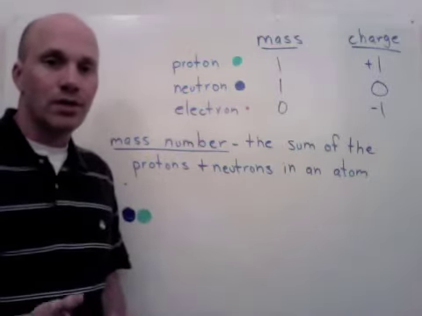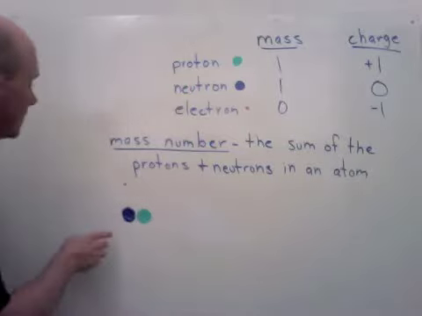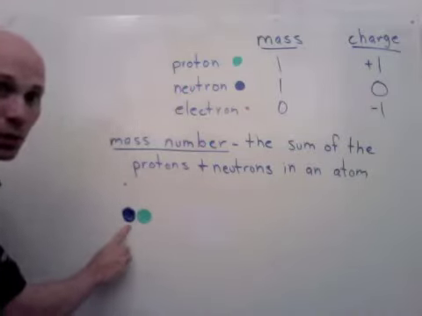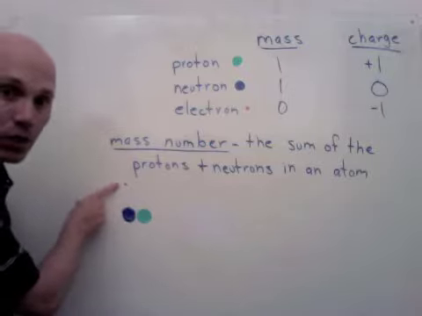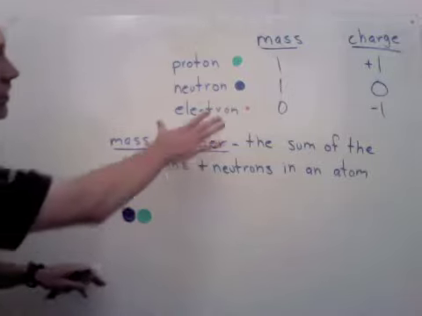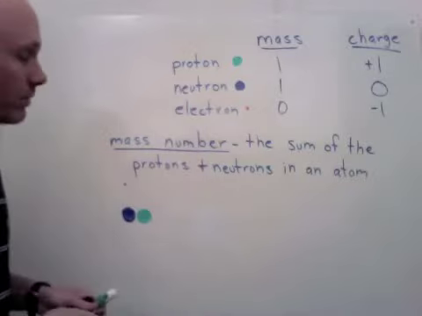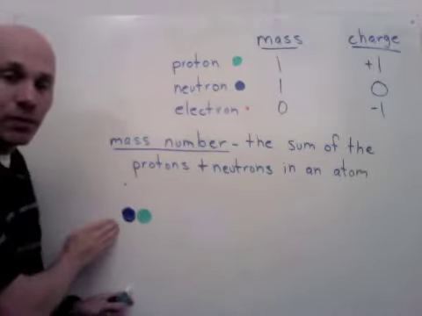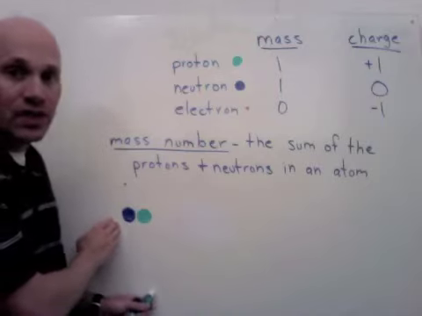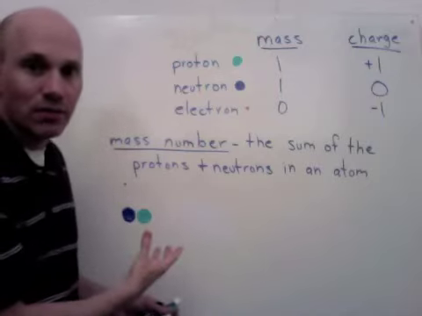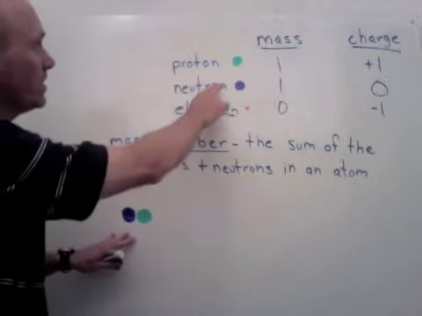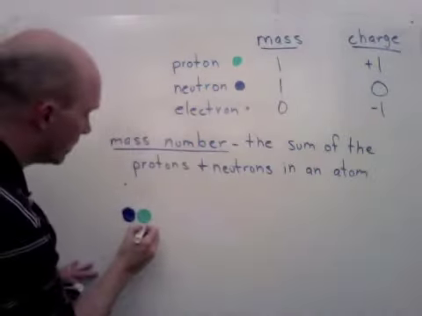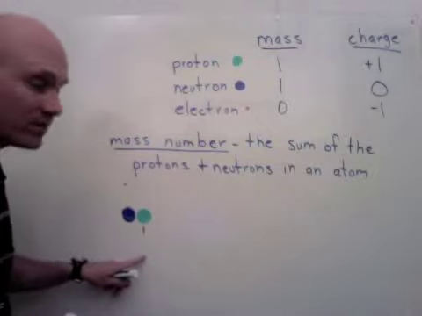So to explain this, I'm going to start with the representation of a very simple atom. We've got 1 proton, 1 neutron, and 1 electron right here. So let's go back up to this information right here. If we wanted to know what the mass of this entire thing was, the first thing you've got to do is say which of these things has mass to begin with. Well, what this says is that a proton has the mass of 1. So this thing right here, we could say that it's got a mass of 1.